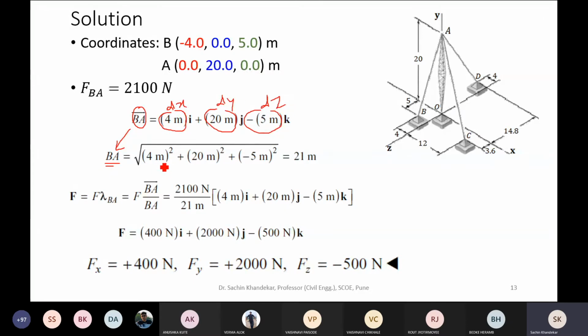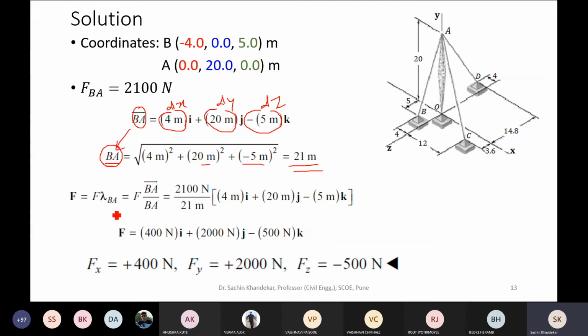After taking the square root, you will get the length BA as 21 meter, right? Of course, as it is a length, this is a scalar quantity, so it will not have any plus or minus sign.